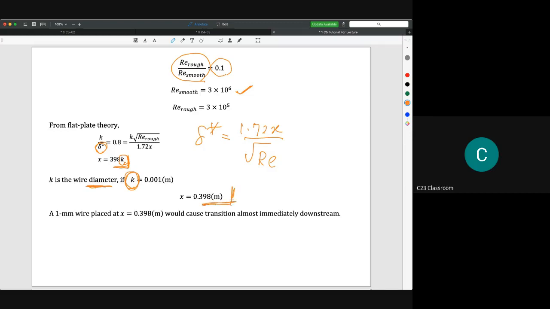Here we could conclude that a 1 millimeter wire placed at 0.398 meter would cause transition almost immediately downstream. This is the earliest location where the transition can occur, because a 1 millimeter wire is quite thick, so it could create transition earlier.